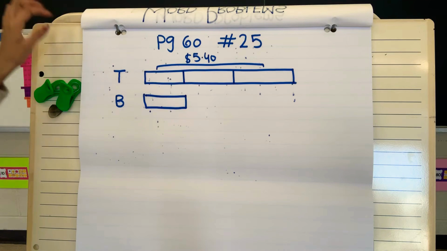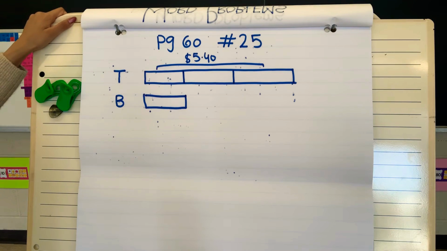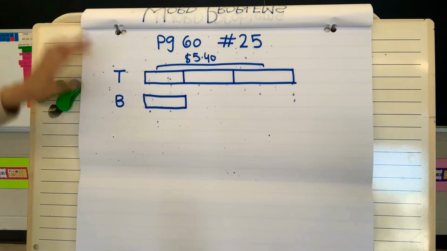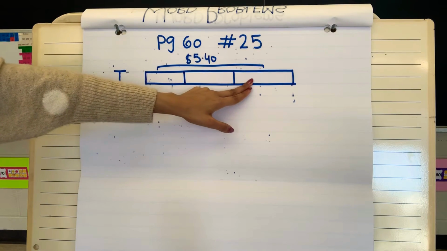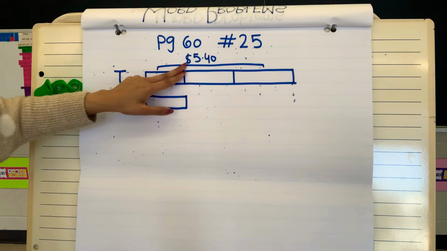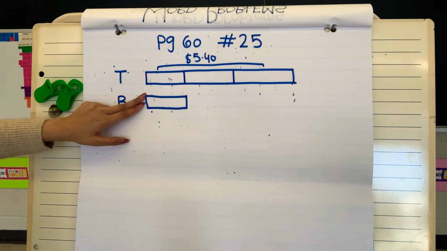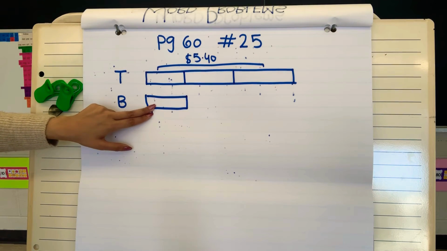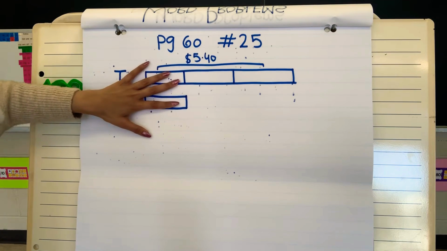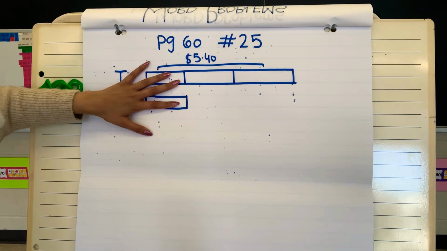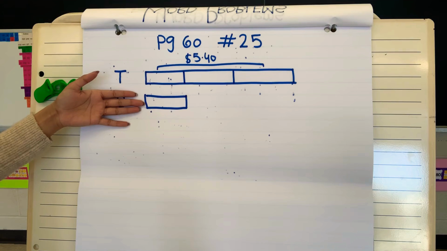And then, how much more money does Taylor have than Bonita? So we are given 3 units for Taylor, and we can draw 3 units for Taylor and 1 for Bonita, as shown in your textbook. Then we ask, what do we need to find? What's the question asking us? The question is asking us how much more money Taylor has than Bonita, right?